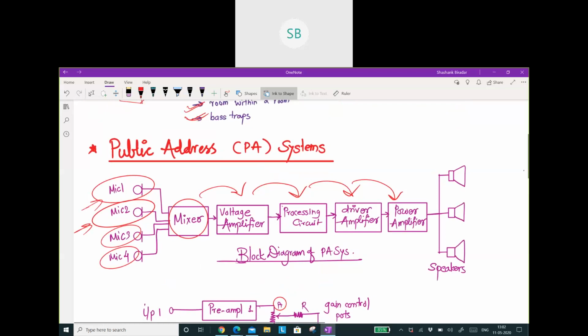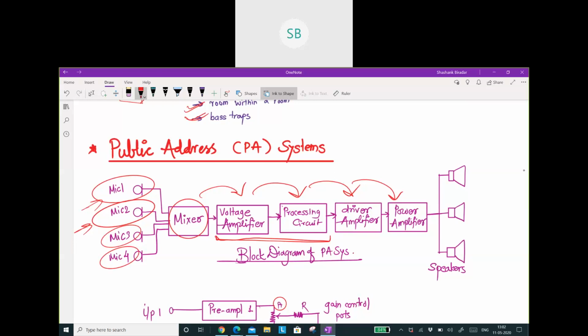Then coming to the voltage amplifier and processing circuit. The voltage amplifier provides further amplification to the mixer output. The processing circuit block consists of master gain control and the tone control circuit. The tone control circuit consists of the bass and treble control circuits.